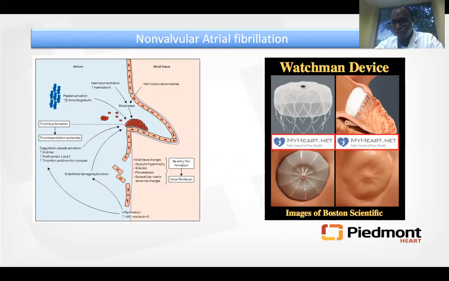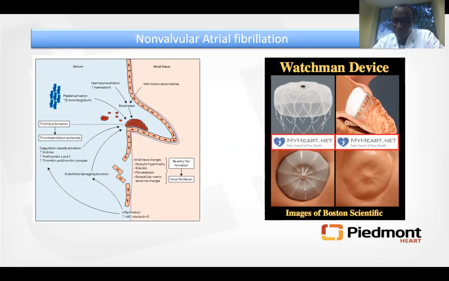As you know, atrial fibrillation is a very common cardiovascular problem that affects a lot of people, particularly non-valvular atrial fibrillation in this country, and valvular atrial fibrillation is usually the driver in your setting.